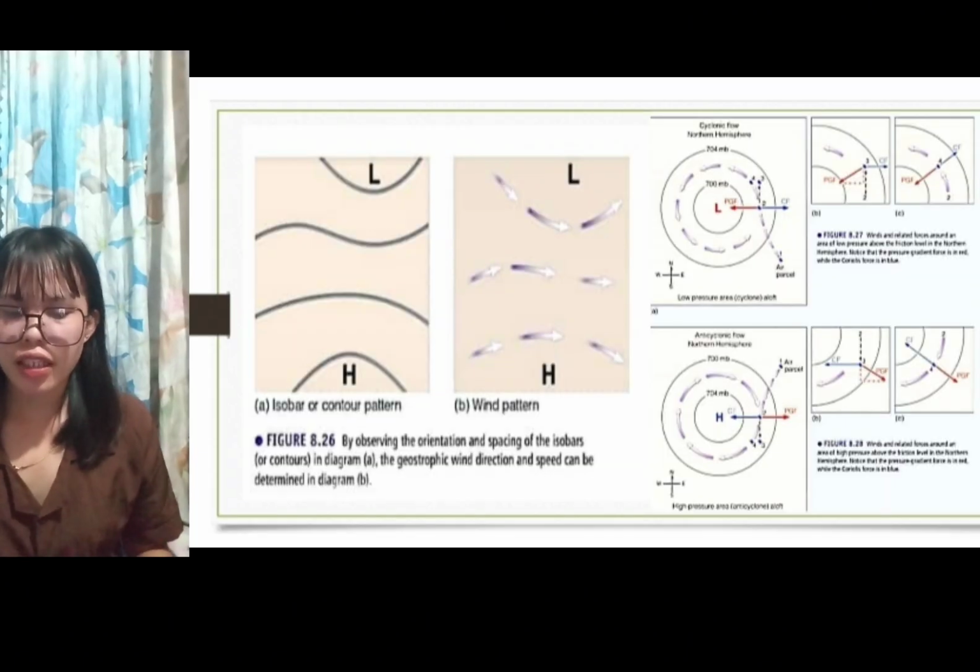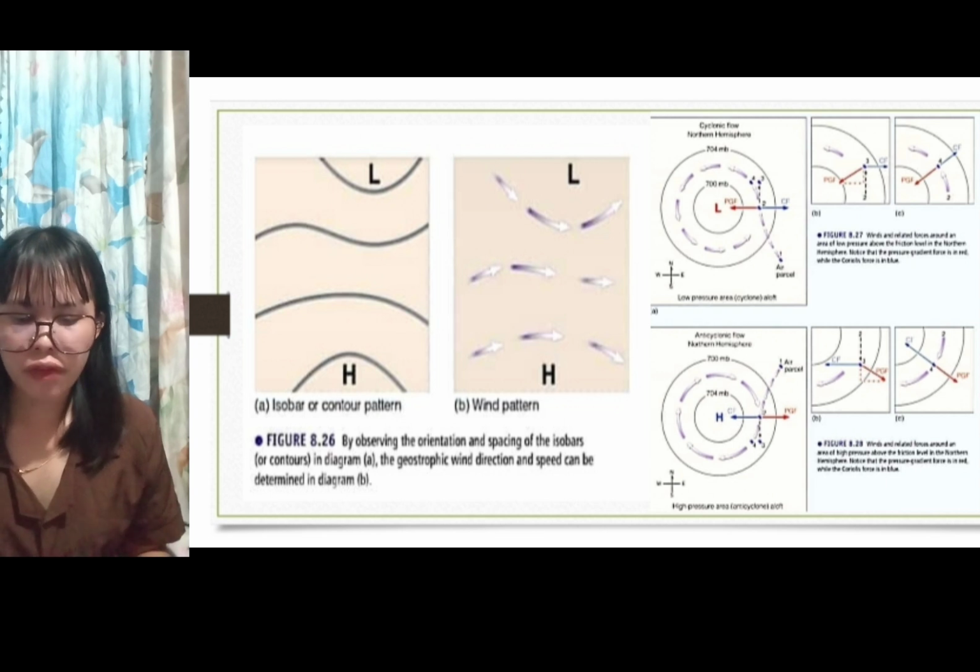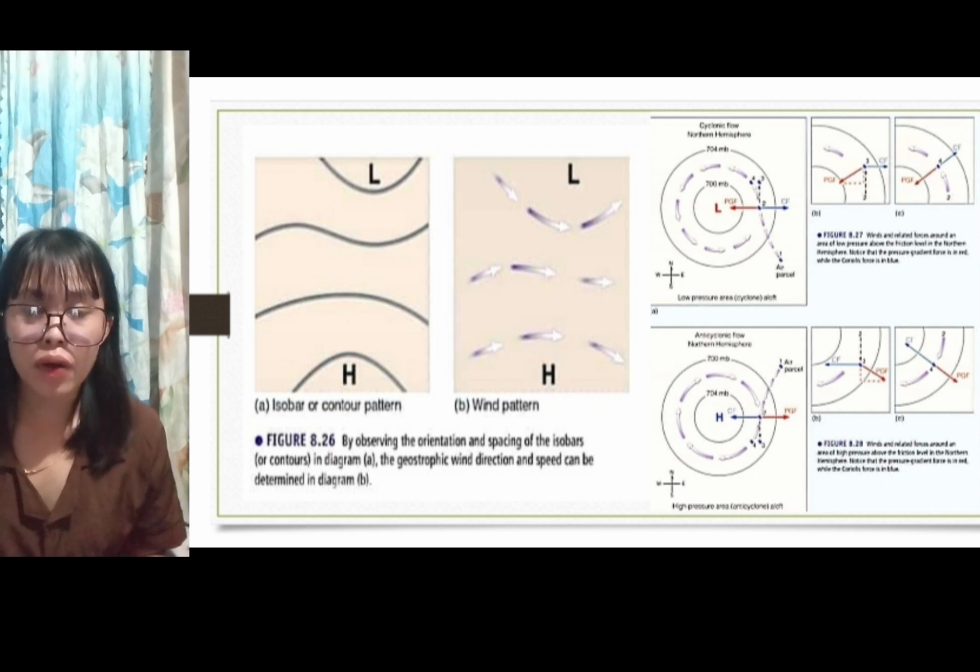So in figure 8.26, by observing the orientation and spacing of the isobars or contours in diagram A, the geostrophic wind direction and speed can be determined in diagram B. So di ba tungod aning isobar or contour pattern kaning sa makita nato sa diagram A, makita na nato ang iyang wind pattern.